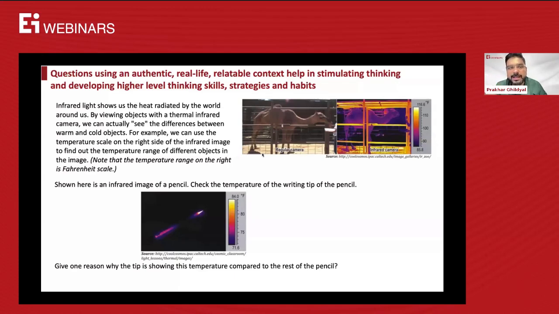This is what cold looks like. And it says, hey, now a pencil is put next to an infrared thermometer and I'm looking at the temperature. The tip is the hottest, right? Because we can see the temperature increasing. This can be a multiple choice question.